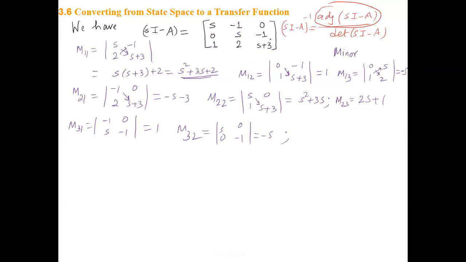Now finally we have this guy. What is the minor of this guy? M33 equals, you are done with this. So you are left with S minus 1, 0 S. So what do you get here? S squared. So then how do you find the cofactor?